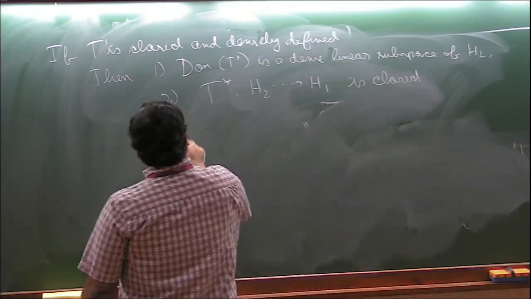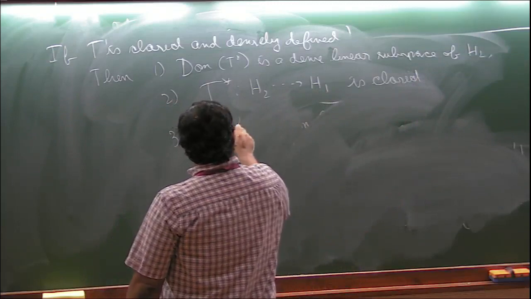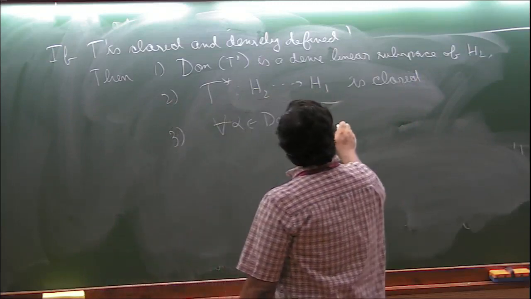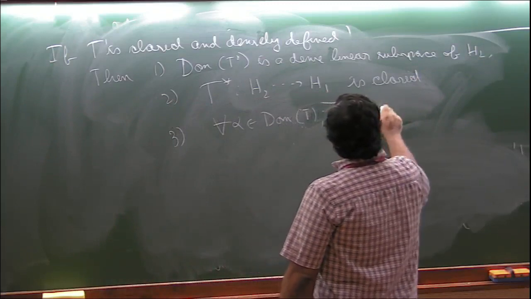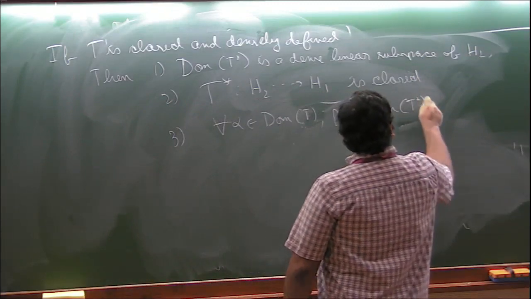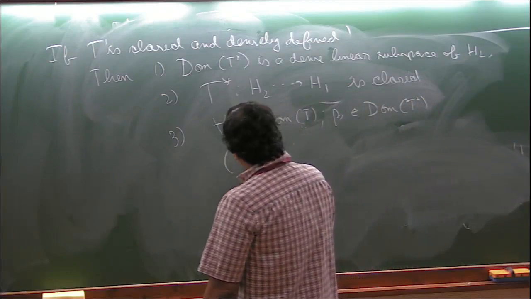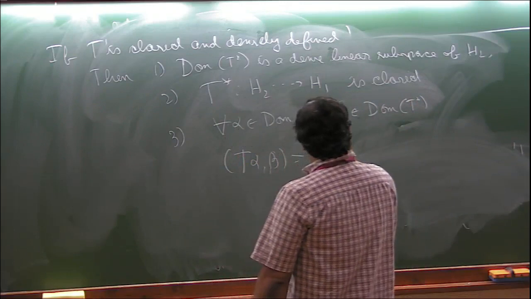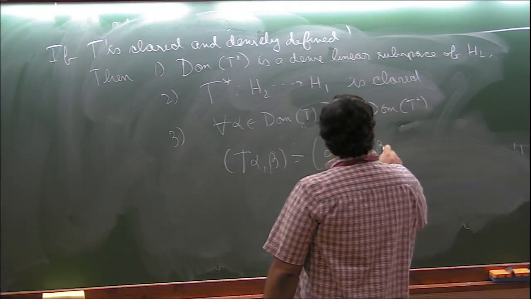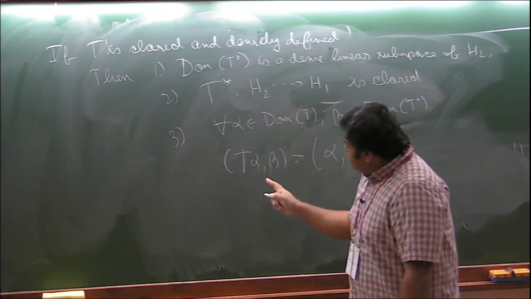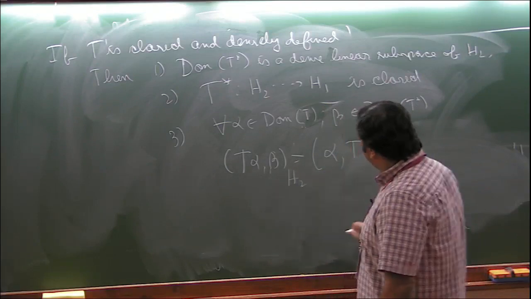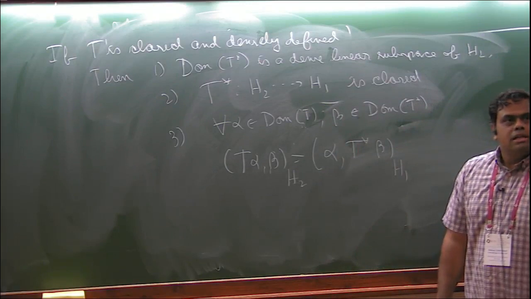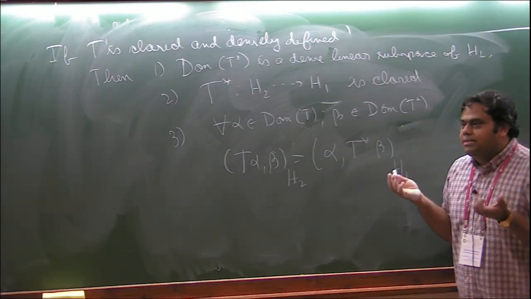And number three is what we wanted: for every alpha in domain of T and beta in domain of T star, the inner product of T alpha with beta is exactly the inner product of alpha with T star beta. Here the first is the inner product in H2, and the second is the inner product in H1. So you get basically what you wanted.